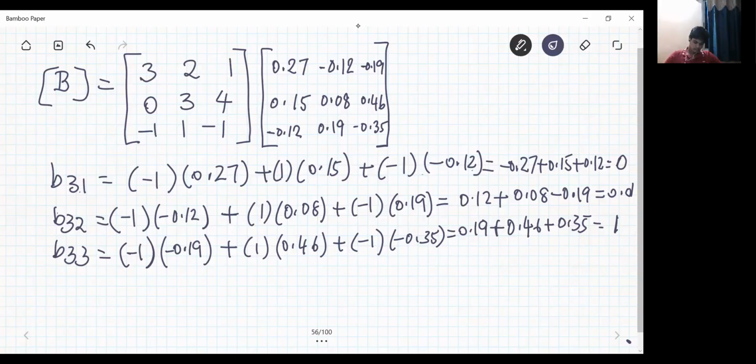How can you write minus 0.01 as minus 1?